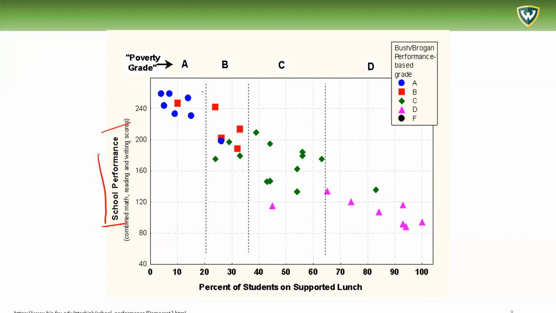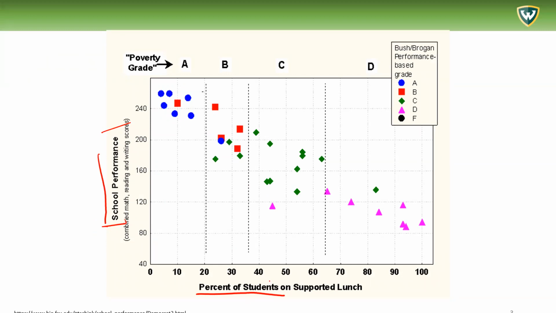So in a way, it has to do with the grades of the students in the schools. Each dot is a school, and on the x-axis, we have percent of students on supported lunch. So it's a measure of how many of the students in the schools need financial assistance.